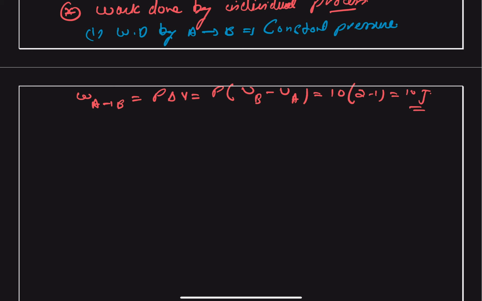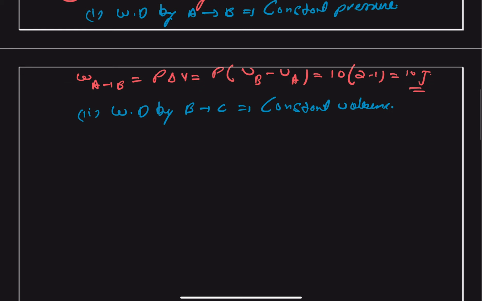Next is the work done by the BC process. Work done by B to C is under constant volume, and under constant volume, the work done is equal to 0.